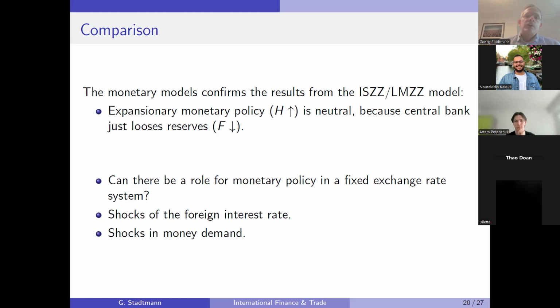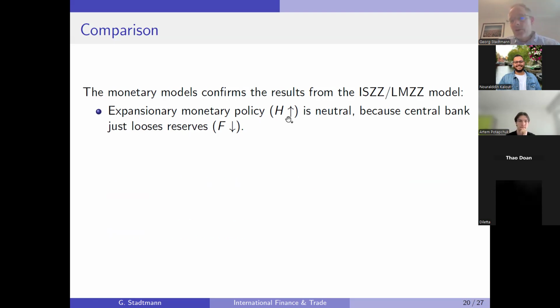But the overall conclusion here is, in case that there is no problem in the beginning, the central bank should not perform an expansionary monetary policy, because when the central bank tries to do so, it will just lead to a situation where the central bank is losing reserves. So our recommendation for the central bank would be not to use an expansionary monetary policy.